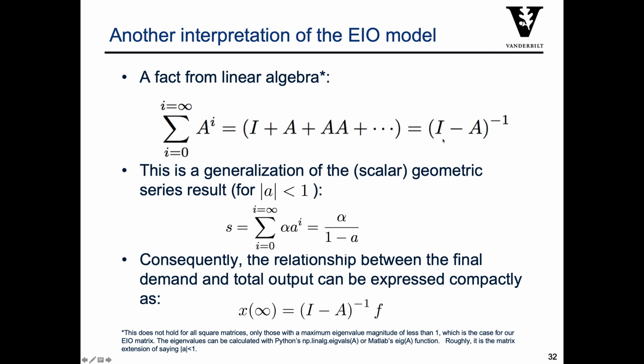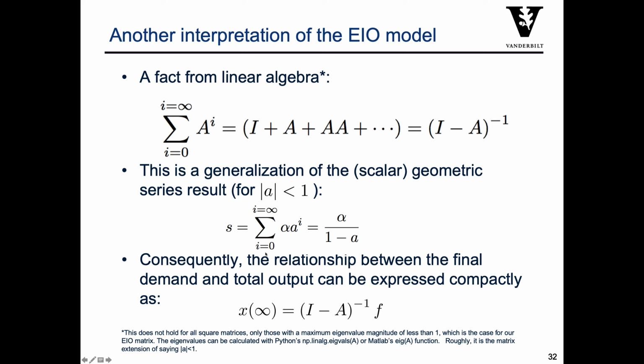Well, it's really hard generally to think about matrices, but you can always get some type of intuition by considering the scalar case. Instead of raising the matrix A to the power i, if you raise the scalar number a to the power of i, you can get something that looks like the following.